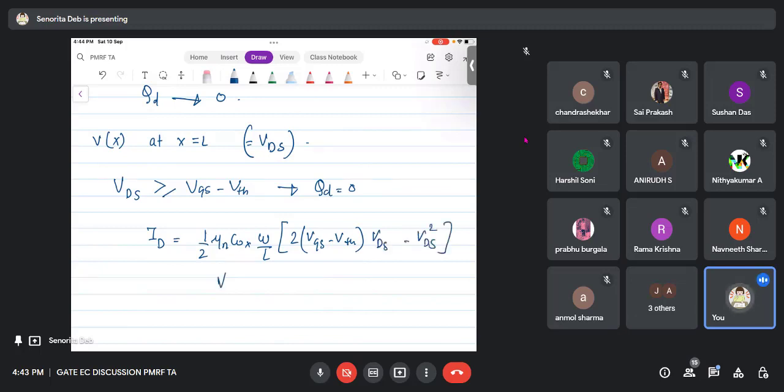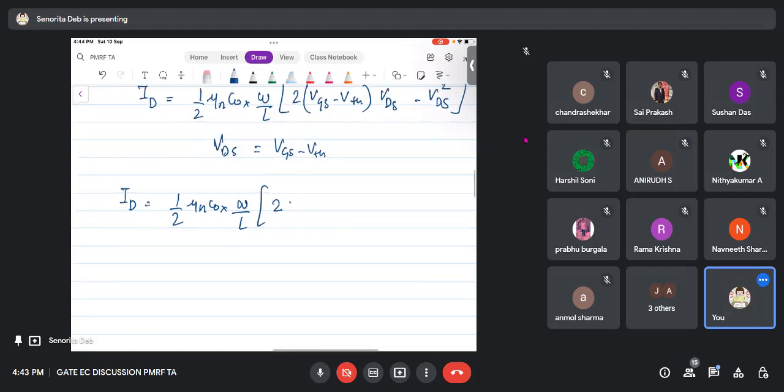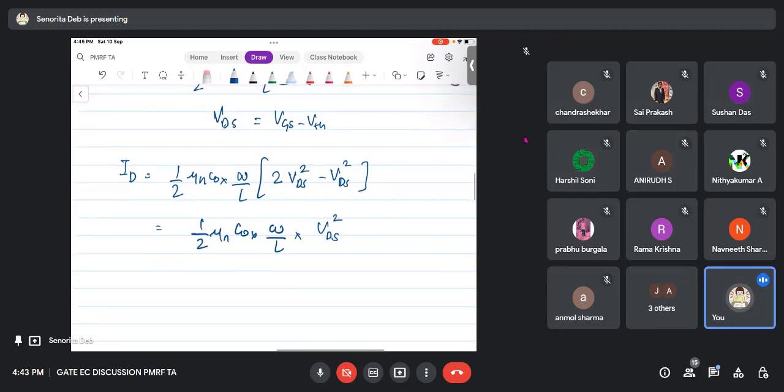Therefore ID is half mu n COX W by L into 2 times VDS square minus VDS square. So this is again half mu n COX W by L into VDS square, and VDS we saw is VGS minus VTH. Therefore, always you will find this equation for saturation region.